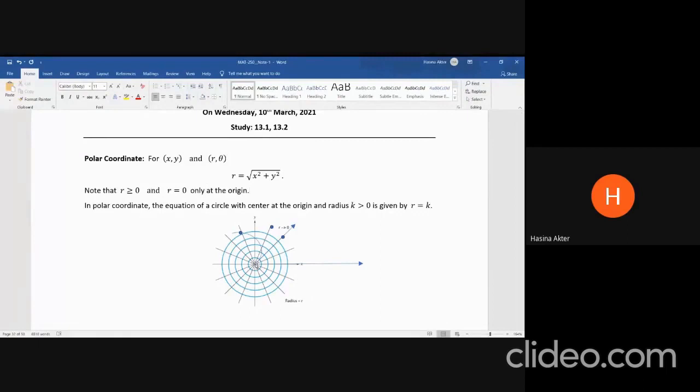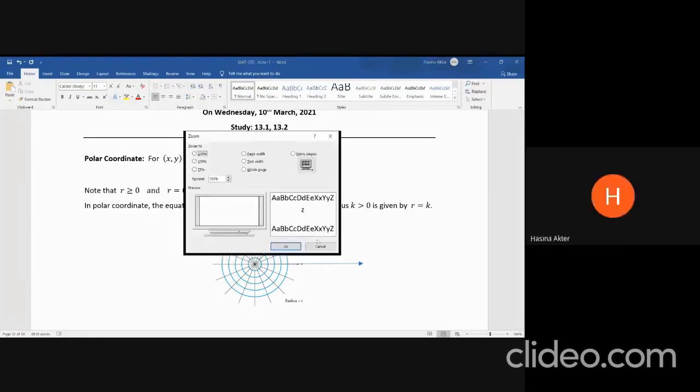If I fix r, r will be the radius of some circle, and on that circle, if I keep theta open, that means a free variable, then theta will keep revolving around the origin on the circle. That means theta doesn't change the circle. Do you understand that? Yes, miss.